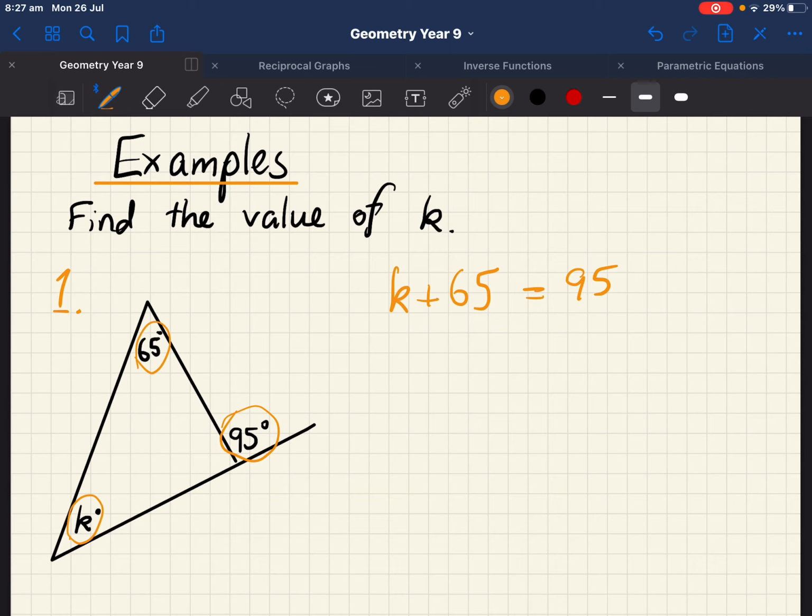We need to get rid of this plus 65. So yep, you guessed it, we're going to minus 65. 95 take away 65, k ended up being 30 degrees. That there is our first example. So copy that in. Hopefully it made sense. And once you have copied that in, move on to the next example.